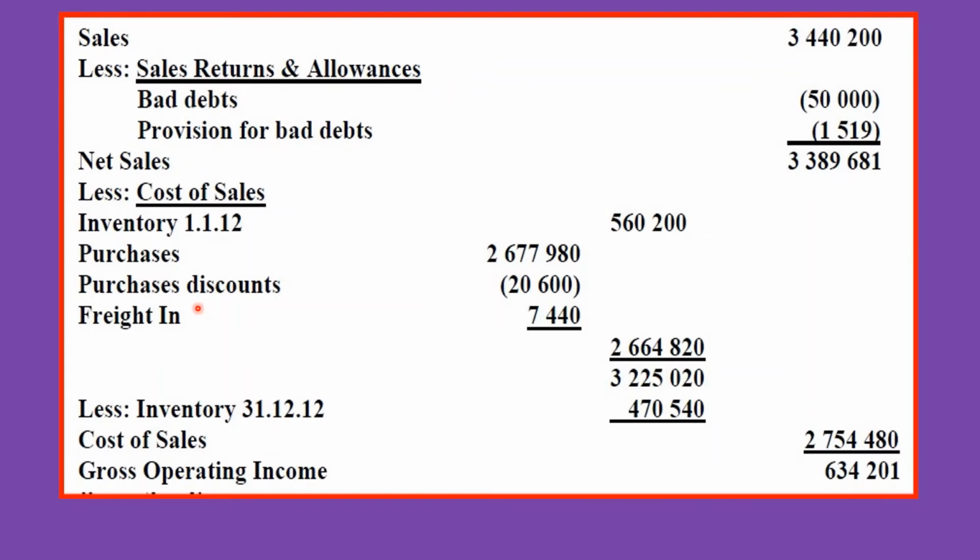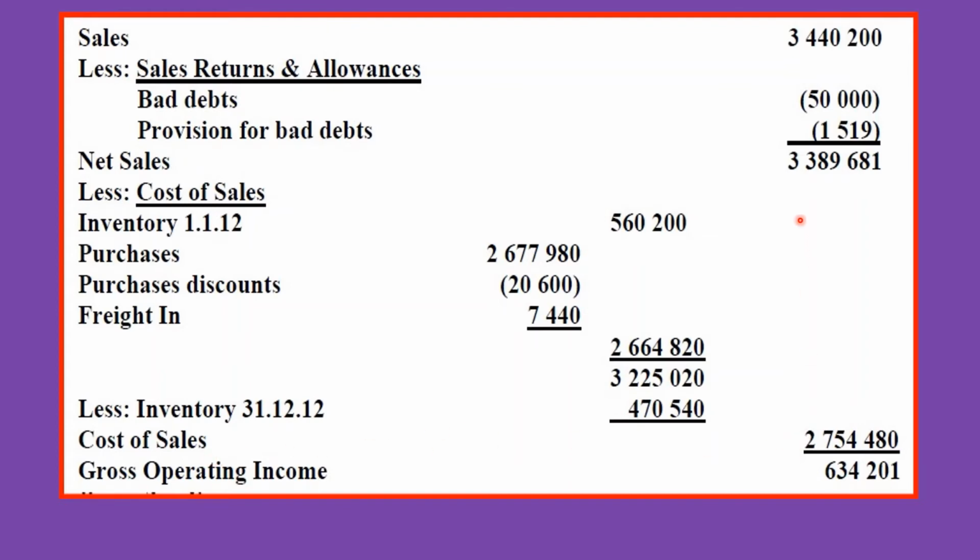We take off the discounts received and then add on the carriage inwards. If there are any returns, we will also take off that. And we get the net purchases here. Add that to the opening inventory, and we get this figure here. From that, we minus the closing inventory, and we get the cost of sales.